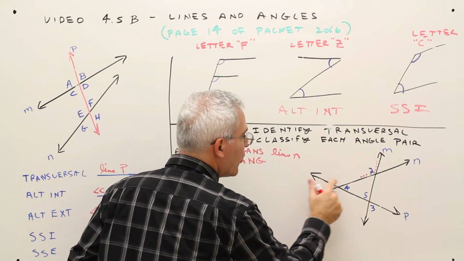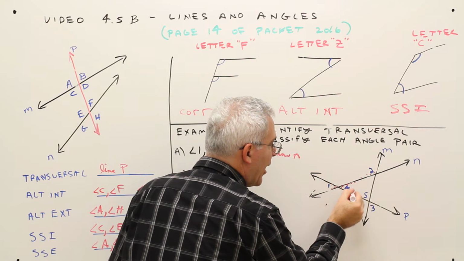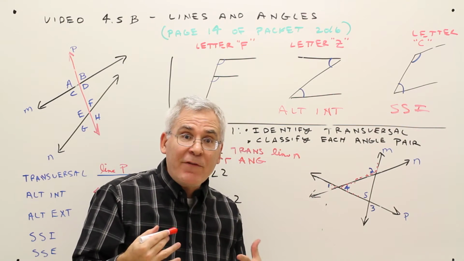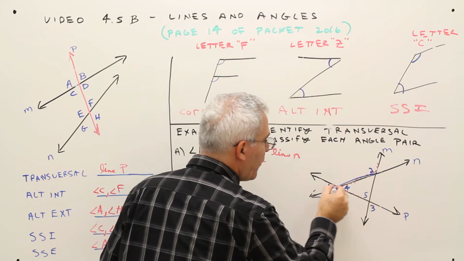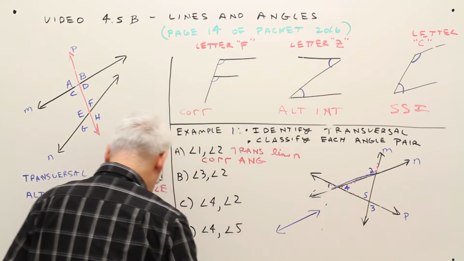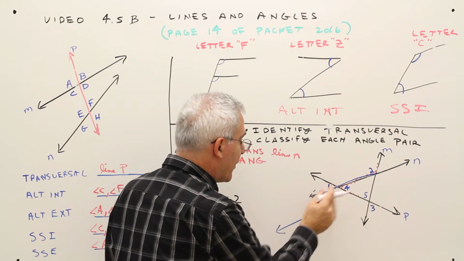Angles 4 and 2. All right, so again, I'll just kind of outline 4, I'll outline 2. Whatever they have in common is the transversal. So this will be the transversal. So I'll just draw that in a different color. And then I've got the other lines that form the parts of those angles.